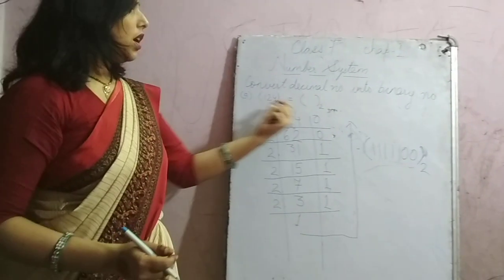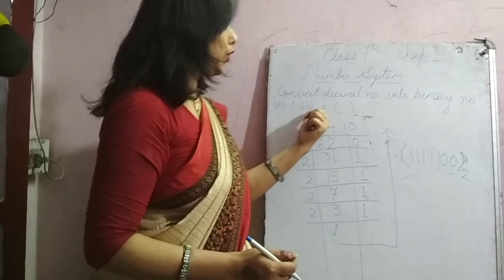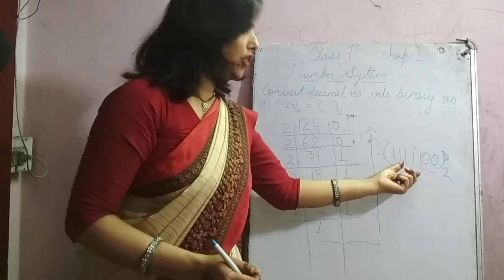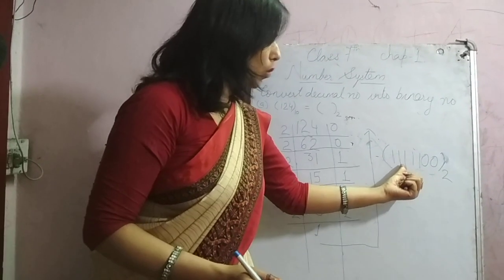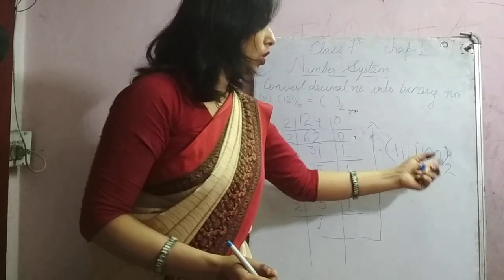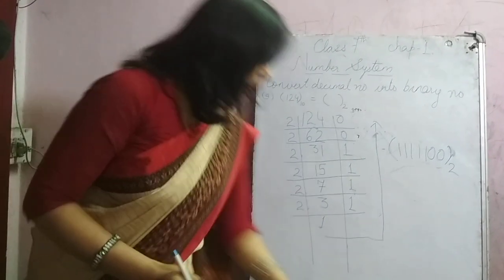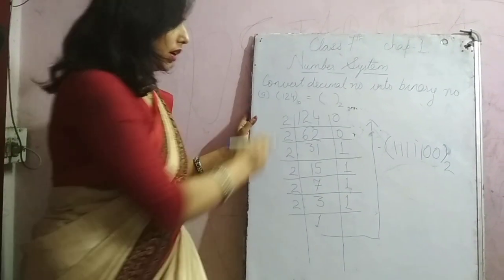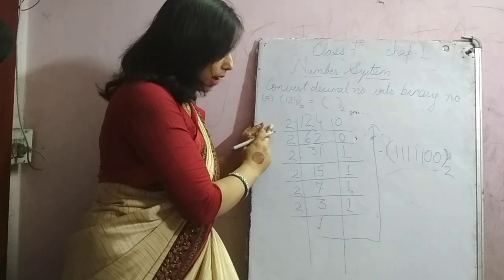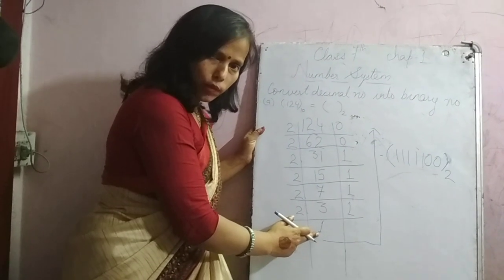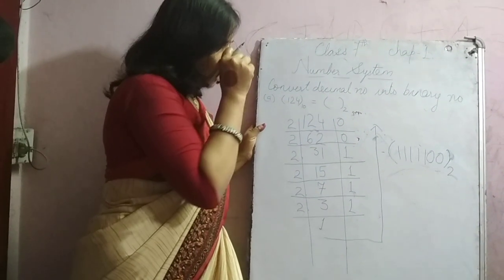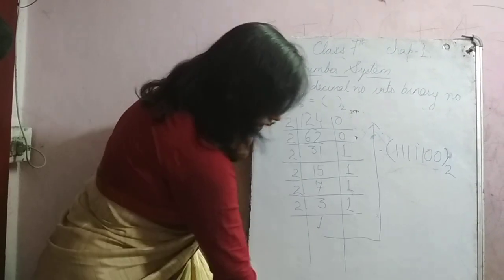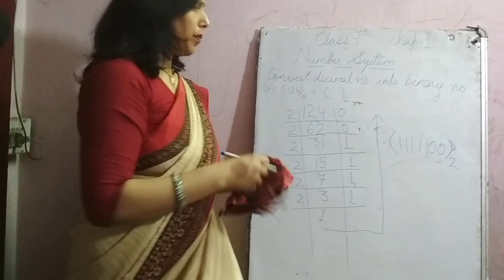This is the conversion of 124 into binary number. What is the result? 1, 1, 1, 1, 1, 0, 0. So, you have to divide this decimal number by 2 until you will get 1. Okay. Now, just write it in your copy and try it.